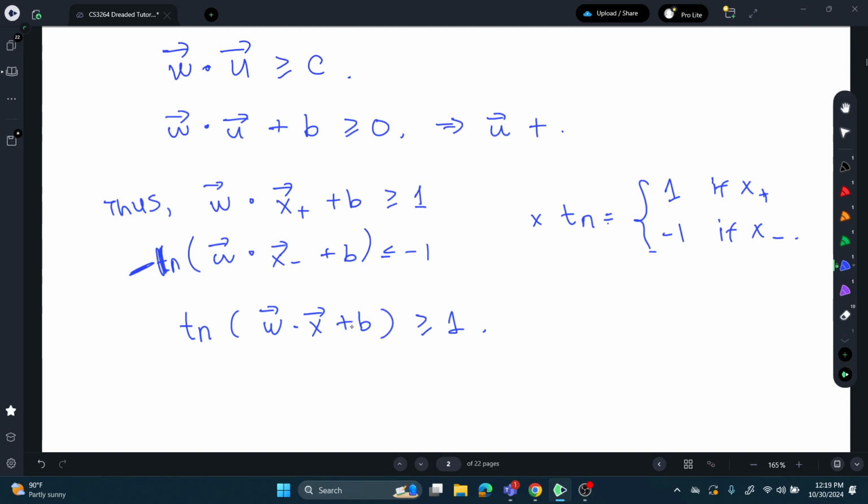If I multiply this by a negative 1, then I can just divide by another negative 1, then this sign will flip, this will be 1. Okay? So essentially, these are just the same item. Instead of differentiating our x by x plus and x minus, I can just take any value of x, then I specify my Tn, which depends on what is the xn value here. If my xn is positive, then Tn is 1. If my xn is negative, then Tn is negative 1. Okay? Questions?